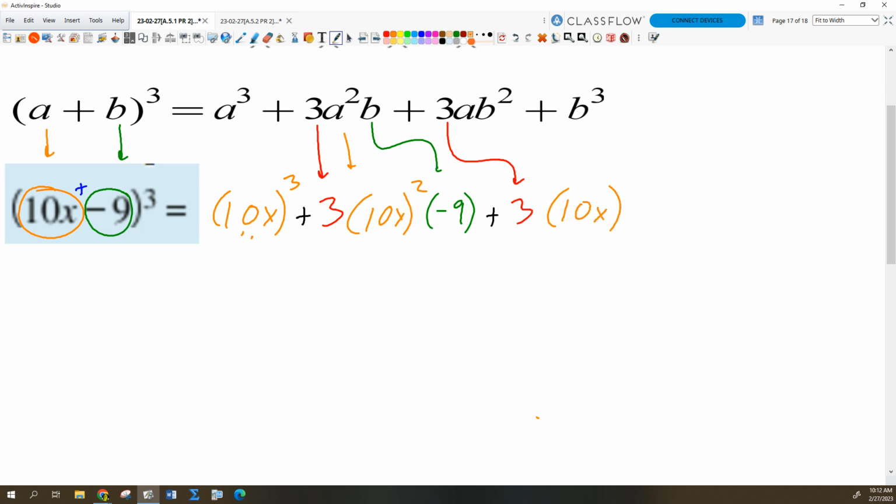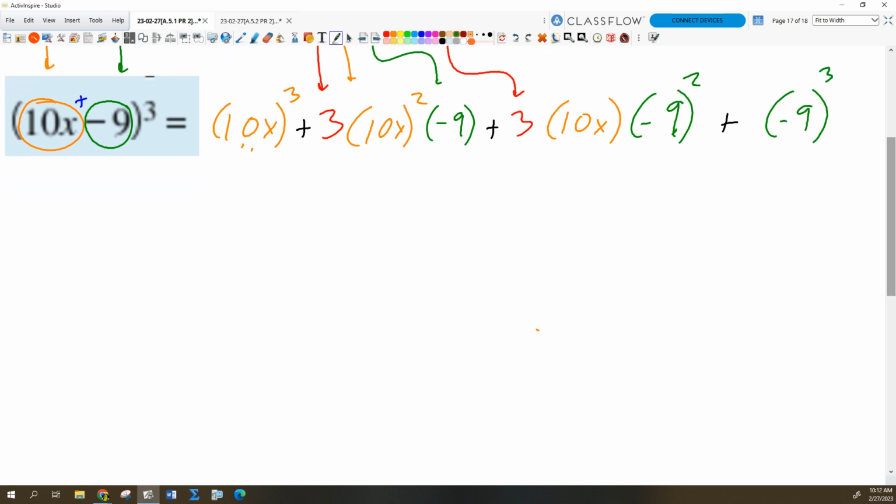Well, that's just 10x times b, which is negative 9 squared, plus b, which is negative 9 cubed. Okay, give me 1 to 5. Does that make sense? Okay, and then all I would have to do now is just simplify that out, right?